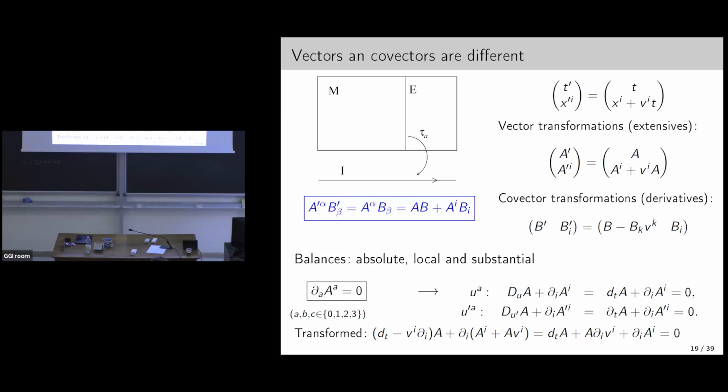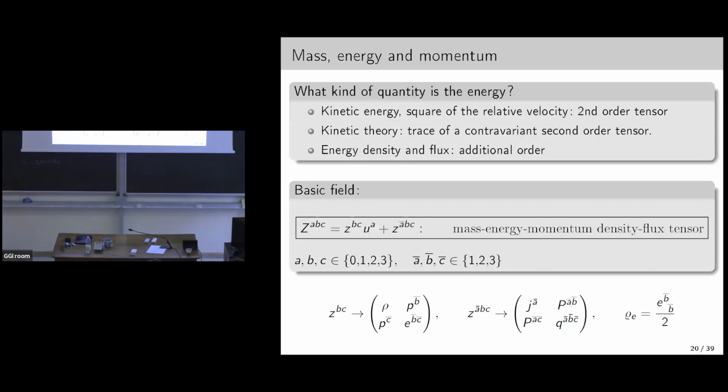Anyway, what I wanted to emphasize is that these are invariant, and one may look at, for example, the substantial time derivative as a covector transformation. One may look at the convective separation of current densities as a particular vector transformation from the co-moving to the laboratory frame.